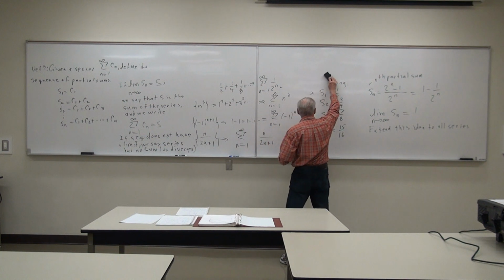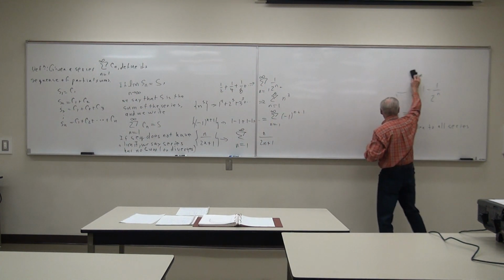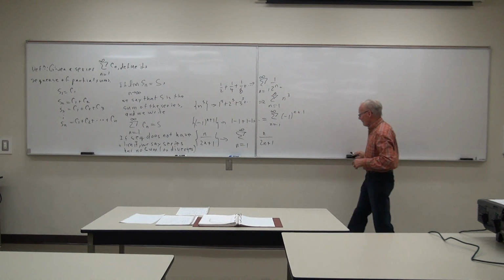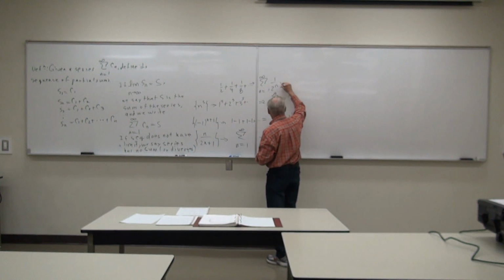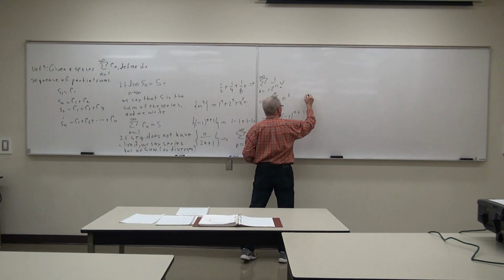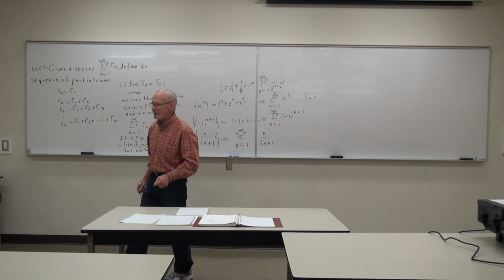So let's go back and take a look at these other three examples that we got on the board and ask them, do you have a sum? So we've already done this one. Let's look at this one and ask, if I were to form your sequence of partial sums, would it have a limit?